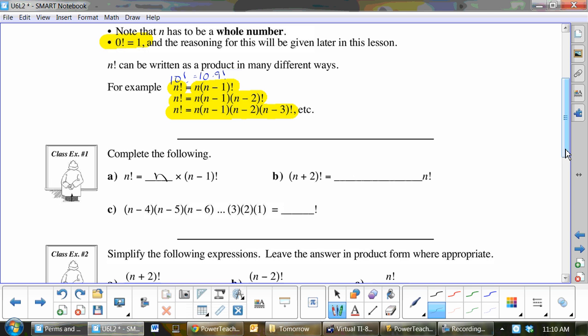If n plus 2, what is the next one beside it? So n plus 2 times n plus 1. They must always go down by one number every time. See, n plus 2 is 1 more than n plus 1. They will always go 5, 4, 3, 2, 1. n minus 1, n minus 2, n minus 3. Okay? So what does this equal?